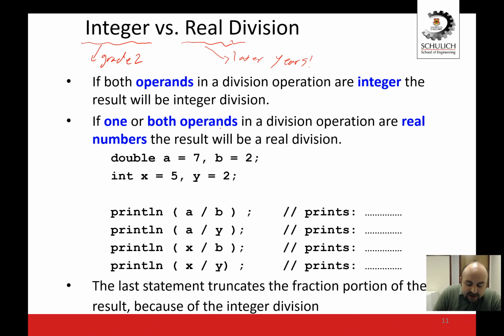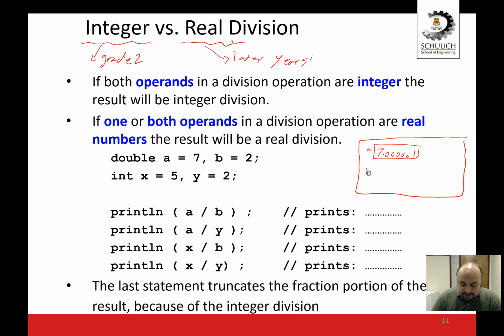So if you had double A and B and int x and y, first of all, this is what we would have in memory. A is a bigger number, saved as 7.0000, probably with some 1 at the very end.